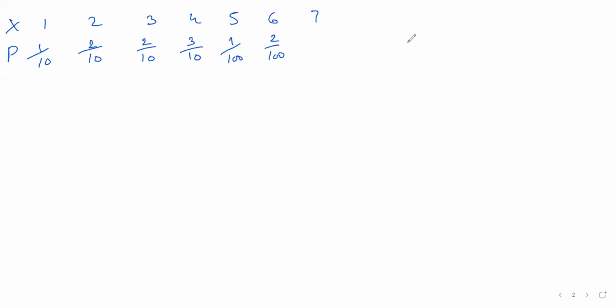This is 7K square plus K, so 7 by 100 plus 1 by 10. I'll multiply by 10, so this will become 70 by 100. If we add this, it is 77 by 100.